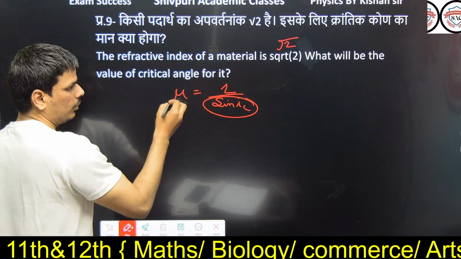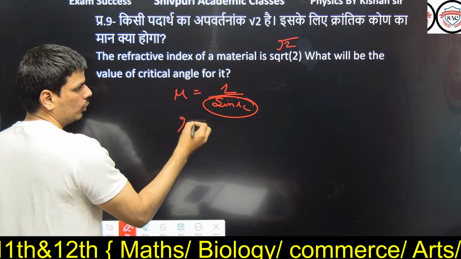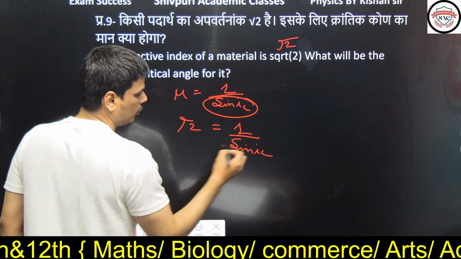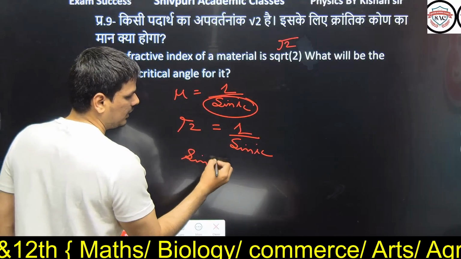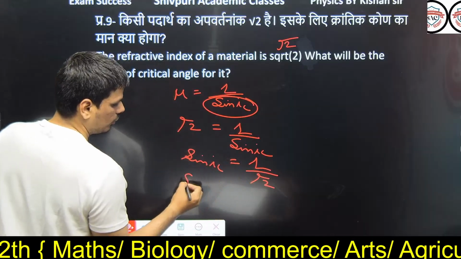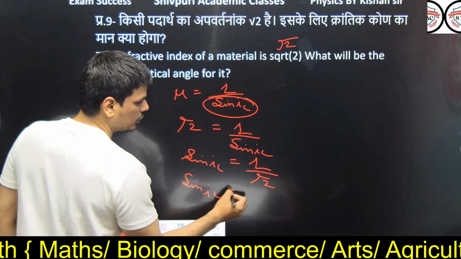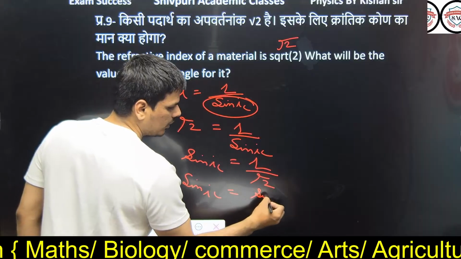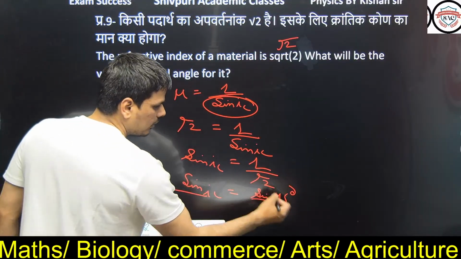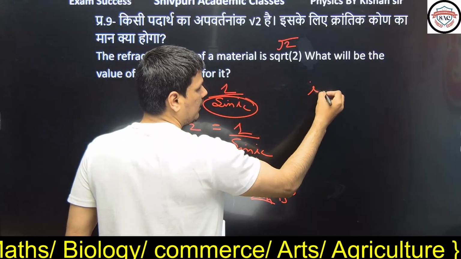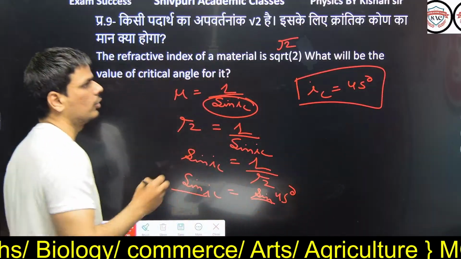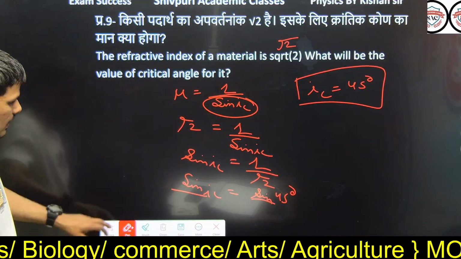We put mu equals root 2, so sine IC equals 1 by root 2, which is the value of sine 45. So on comparing both sides, we get IC equals 45 degrees. So our critical angle is 45 degrees.